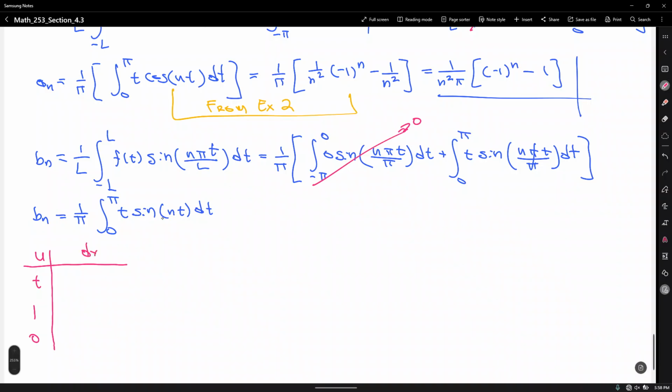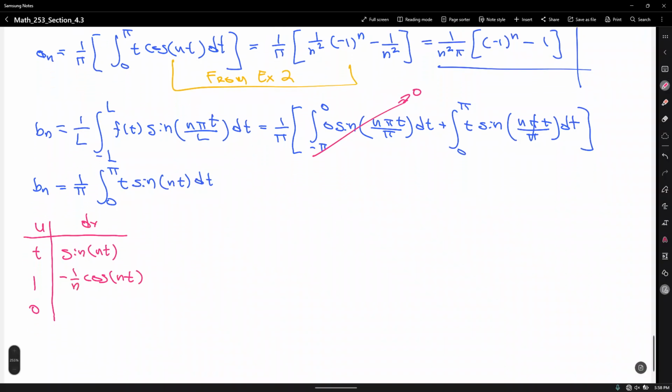Then dv, the function to be integrated, is sine of nt. The integral of sine is negative cosine of nt, but I need to multiply by 1 over n. And then the integral of cosine, which is positive sine, times the negative 1 over n, gives negative 1 over n squared, sine nt.